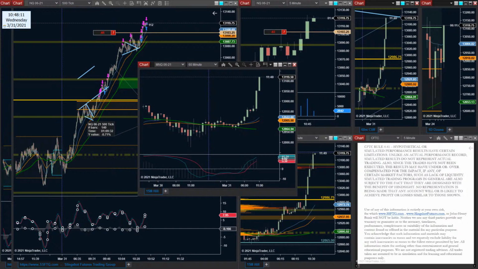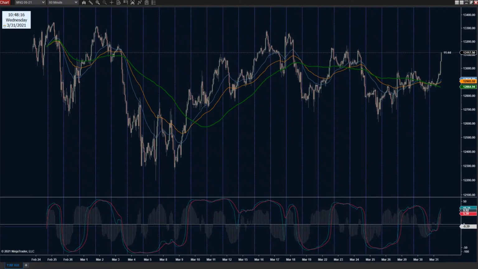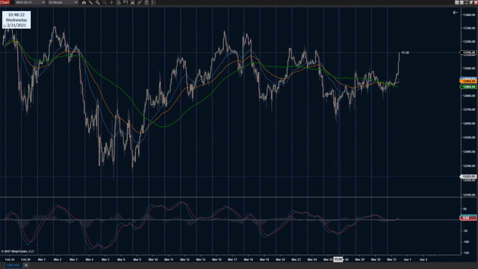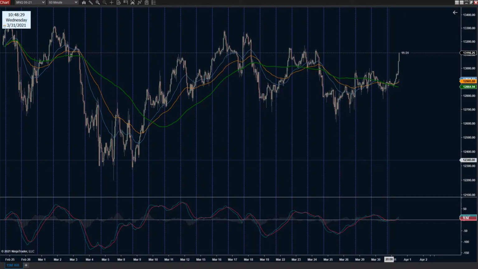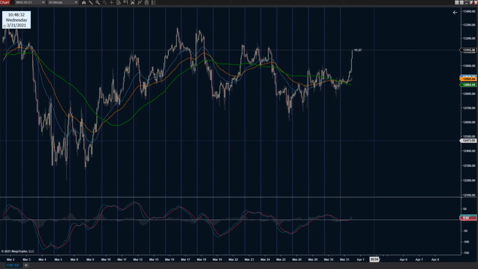It already is a 60-minute chart. Okay. Whoa, what happened to my MACD? Oh, logarithmic. Linear. Let's not do logarithmic. There we go. And I'm going to need a few more days of data, so let's go back. I think we'd be all right at 90. Is the MNQ building up a MACD divergence?